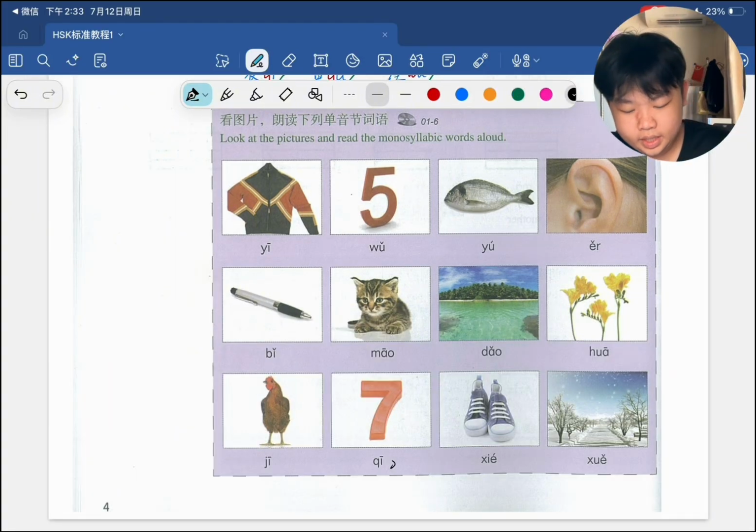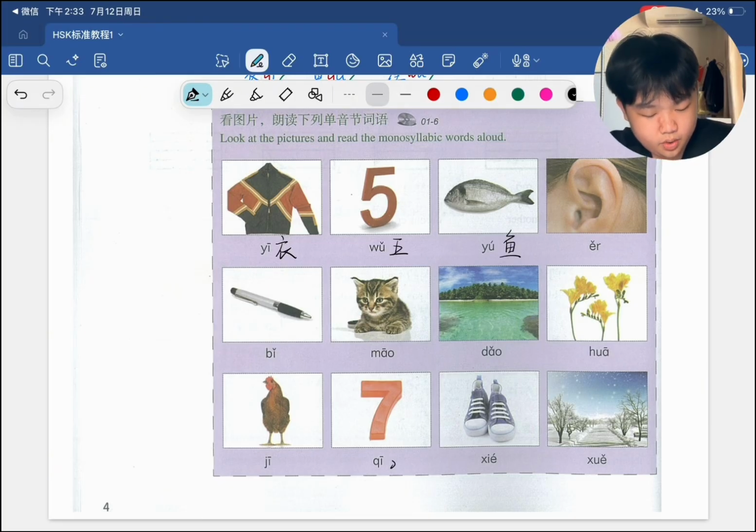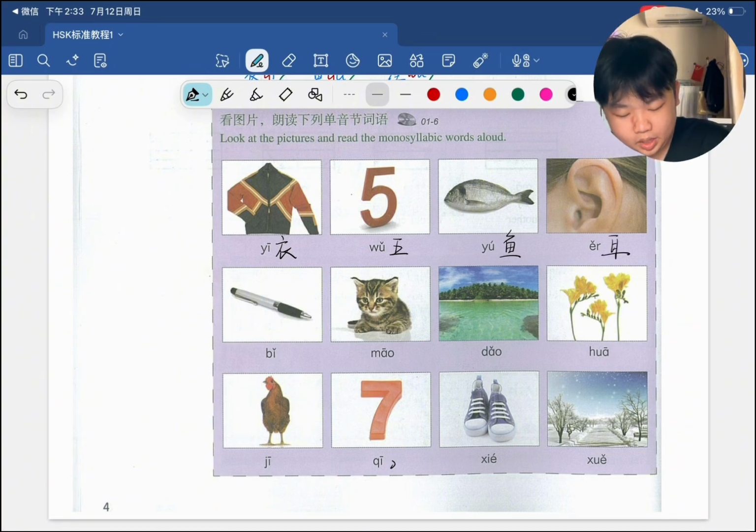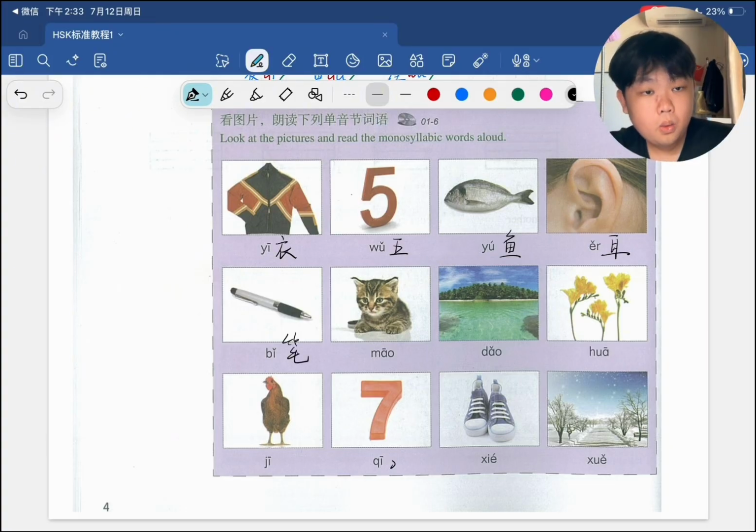The first one, bu means cloth. Wu means 5. Yu means fish. Er means ear. Bi means pen. Mao means cat.